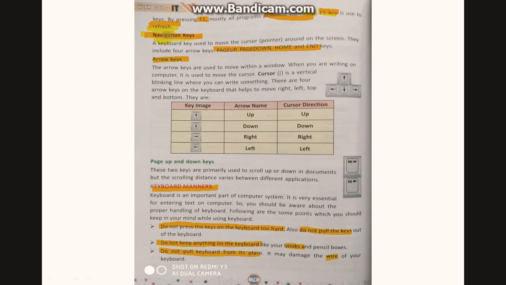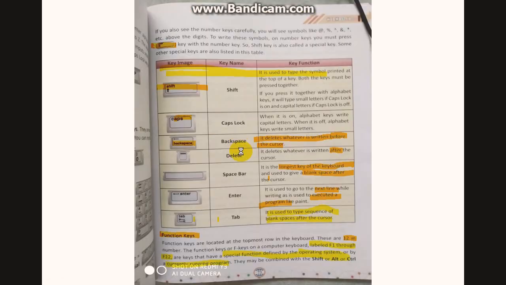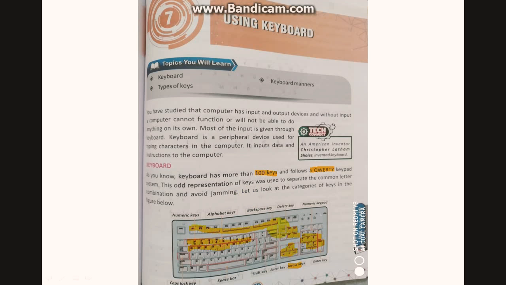Next comes another set of keys called navigation keys. There are 4: 1, 2, 3, 4. Now where are the navigation keys? Let us see in the picture given on page number 71. You will find Page Up, Page Down, Home and End keys here on the keyboard.